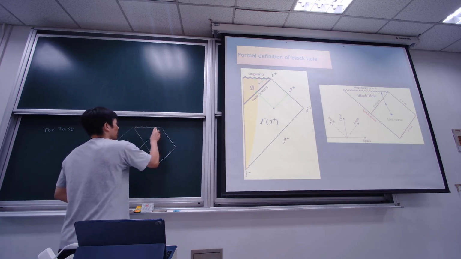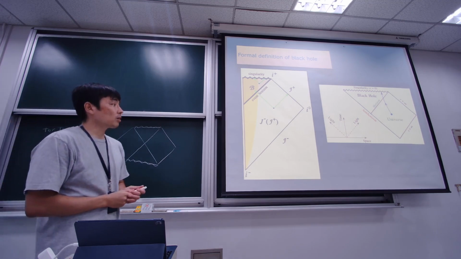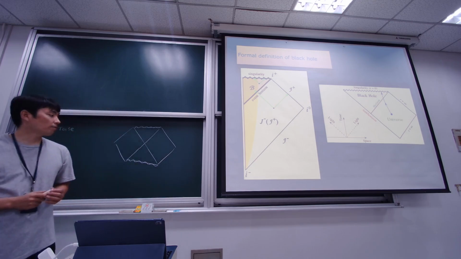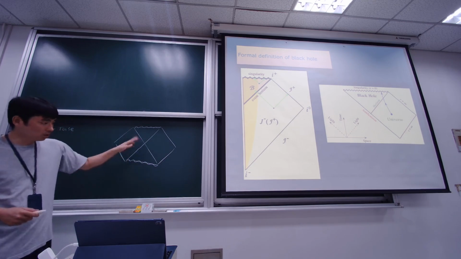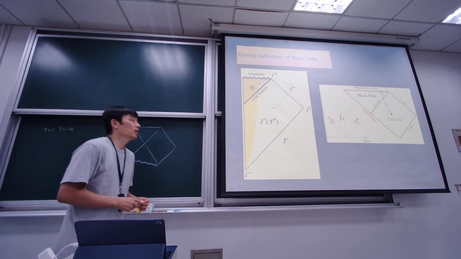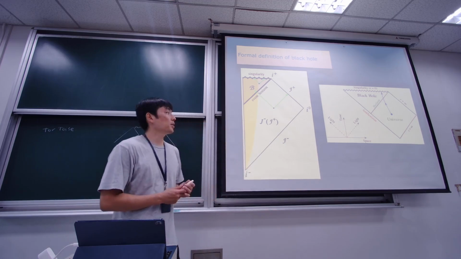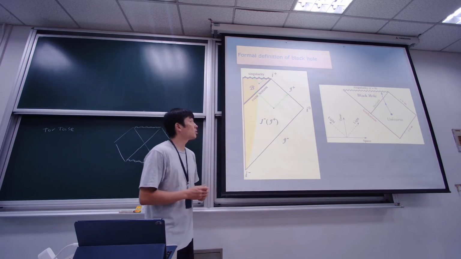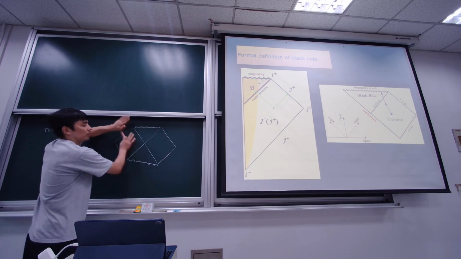Eternal black hole means that we don't assume the collapse of a star. Therefore there is a white hole and a black hole, and the causal structure becomes like this. But in reality, a black hole is believed to be created by the collapse of a star. So this region will be gone. This region and this will be gone.